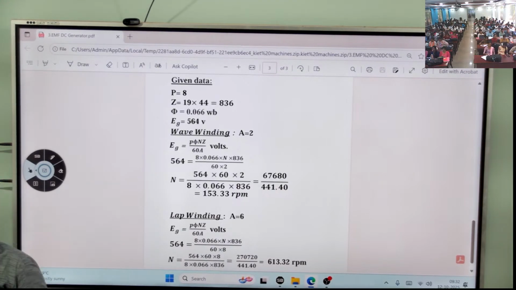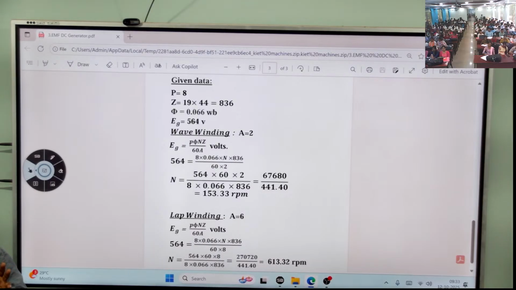For the generator you need to find only one formula, that is the EMF generated in the DC generator: Eg is equal to pi Z N P by 60 A. Please keep in mind that every parameter is available in the question. Just pick the parameters from the given question.